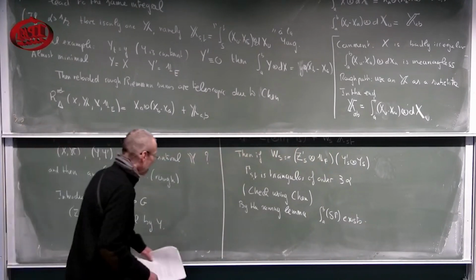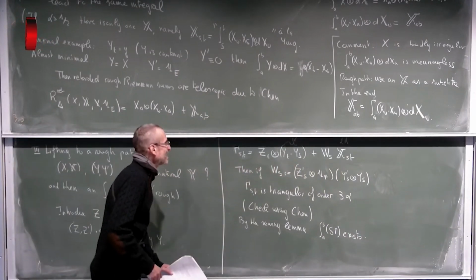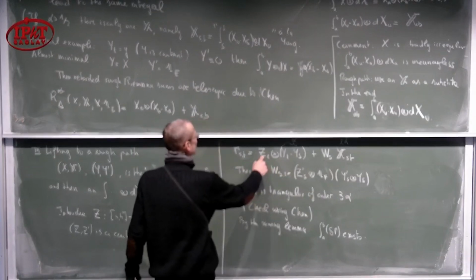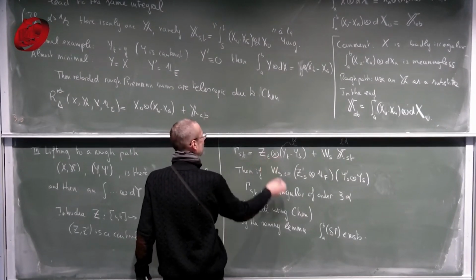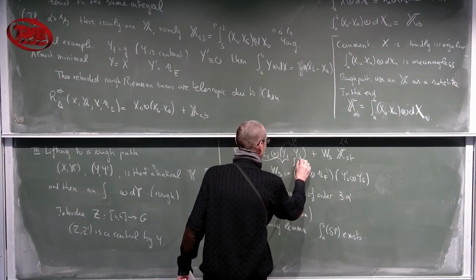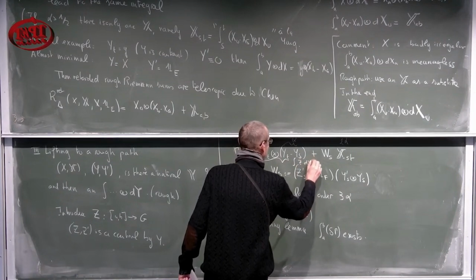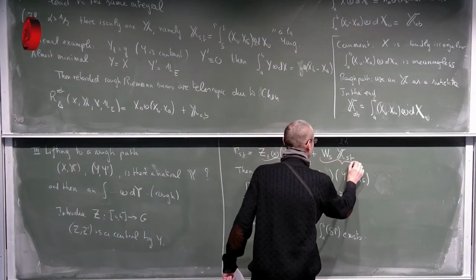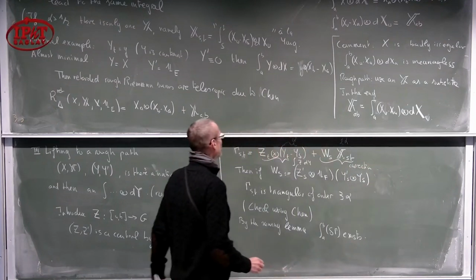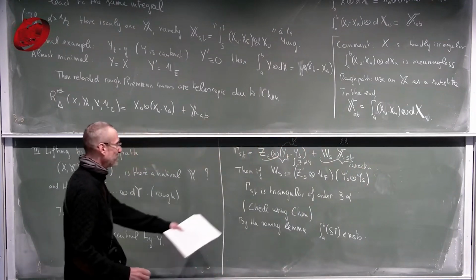So we have found something nice. We have found something that starts like the computation. This is the first part of what should contribute to the integral of Z dY. Here is a correction. And the correction makes the whole thing regular enough that you can compute the integral.